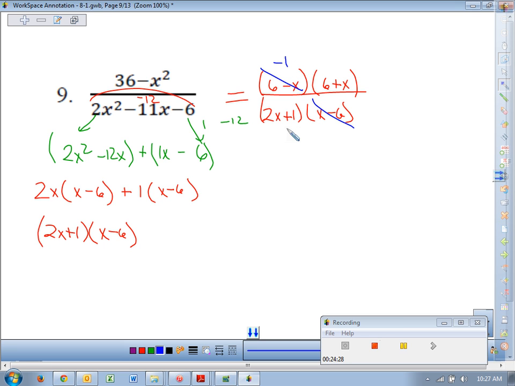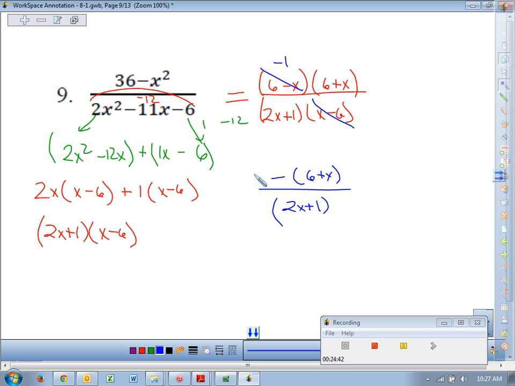Did you hear it pop out? Negative 1 pops right out of there. Yeah? So you're left with negative 6 plus x over 2x plus 1. Don't need to distribute the negative through. I mean, you could if you wanted to. Don't do it. You know, just leave it that way.